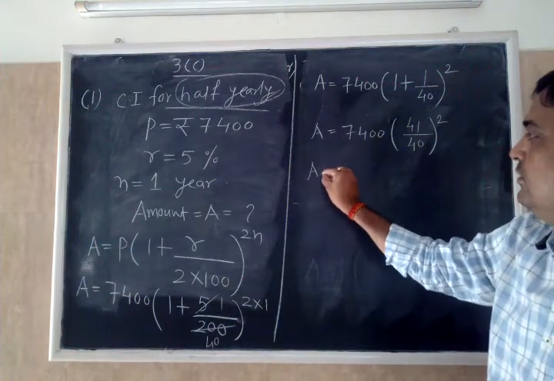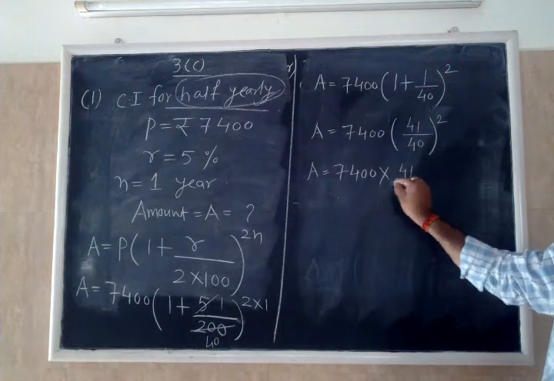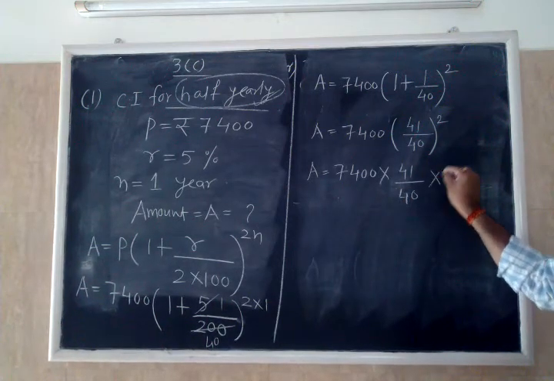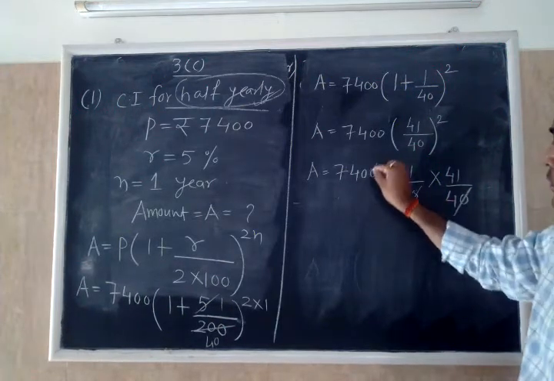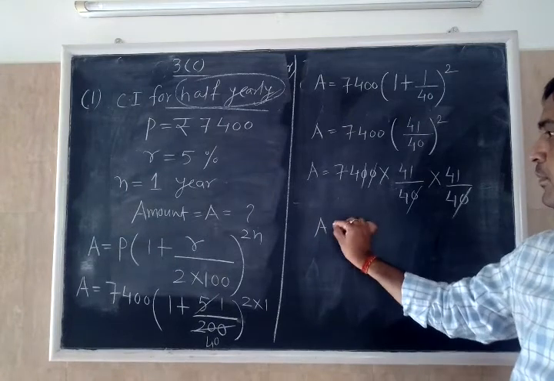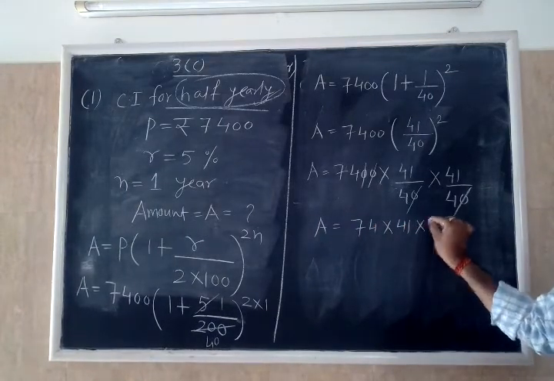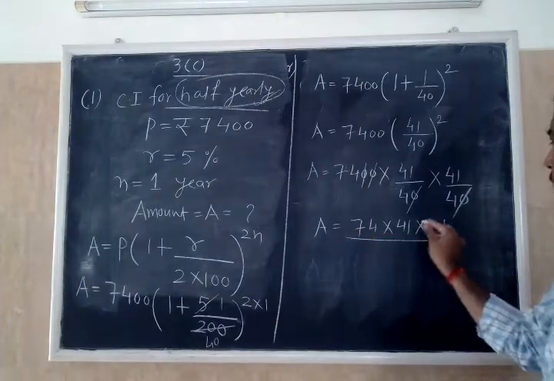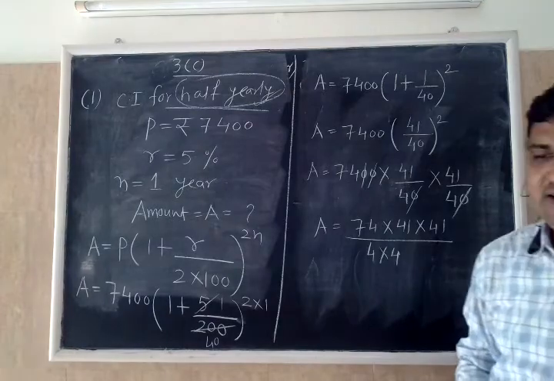So A is 7,400 into 41 upon 40 into 41 upon 40. Then the two zeros get cancelled, 74. So A is 74 into 41 into 41 upon 4 into 4, 16. Cancel them.